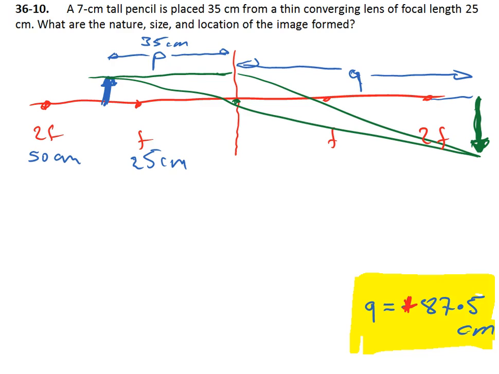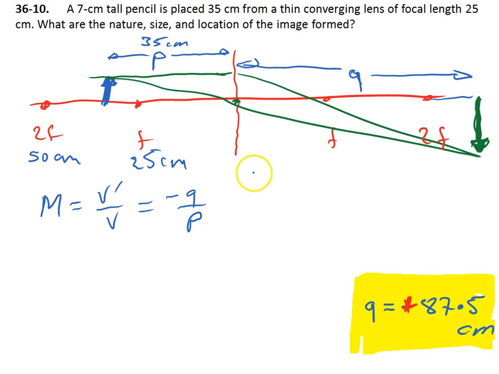So we have answered the nature, it is real, the location, it's at 87.5 centimeters beyond the lens, but what we haven't answered is the size, and therefore we need to use the magnification equation, and the magnification equation is the size of the image over the original size, and the magnification is given by minus q over p.